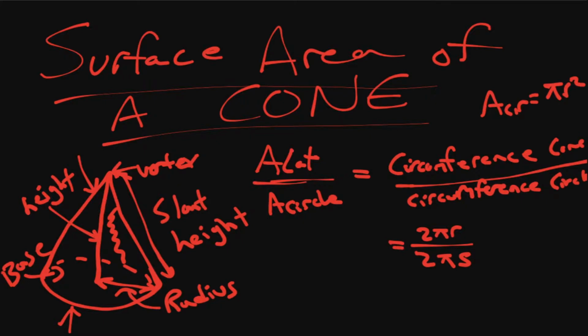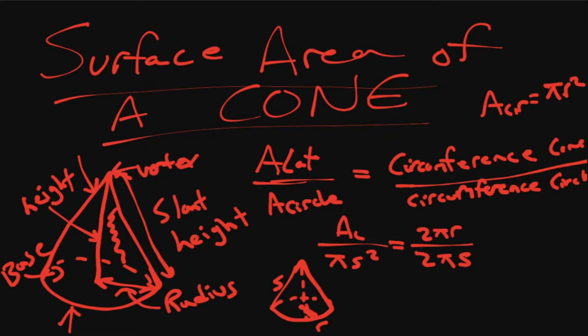If we were to draw it, the radius here is going to be r, and then the area of a circle is pi s squared over the area of the lateral.